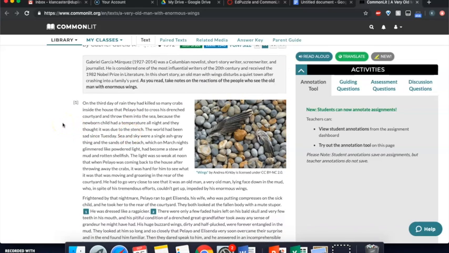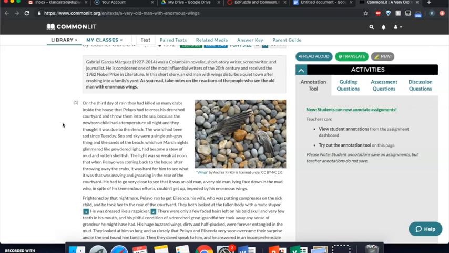On the third day of rain they had killed so many crabs inside the house that Pelayo had to cross his drenched courtyard and throw them into the sea, because the newborn child had a temperature all night, and they thought it was due to the stench. The world had been sad since Tuesday. Sea and sky were a single ash-gray thing, and the sands of the beach, which on March nights glimmered like powdered light, had become a stew of mud and rotten shellfish.